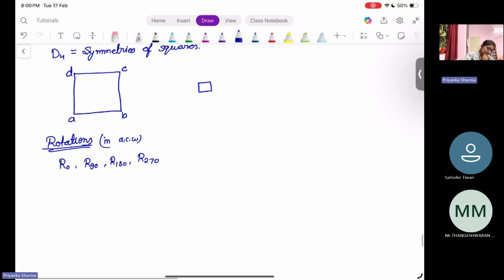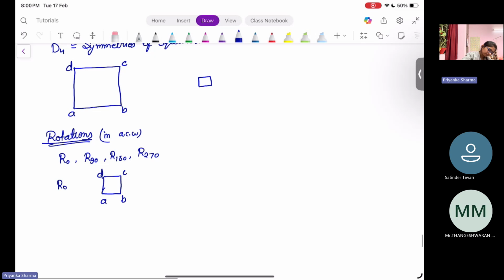So what does it mean? R0 means we rotate the square by 0 degrees anti-clockwise. This will be A, B, C, and D itself. What is R90?